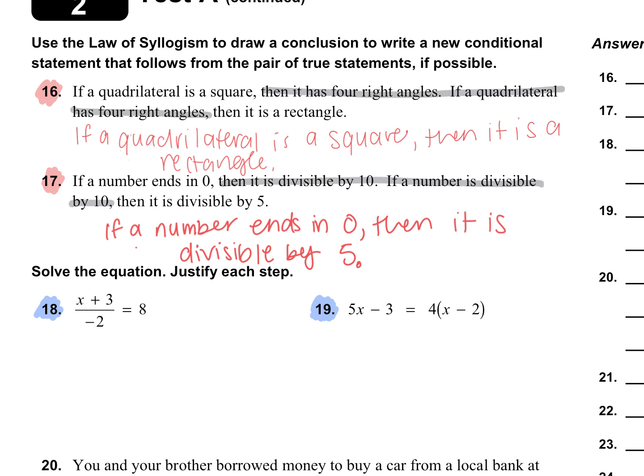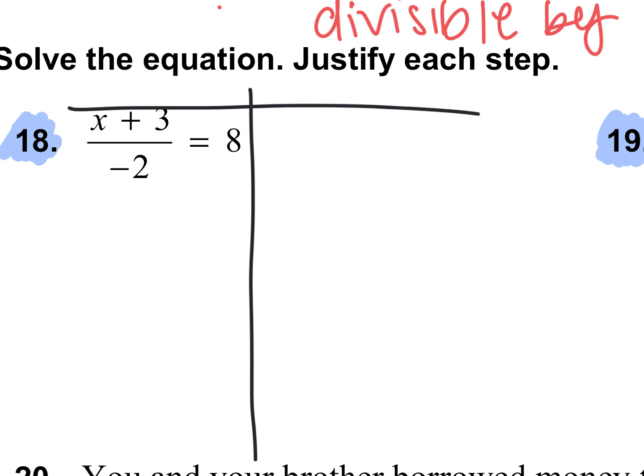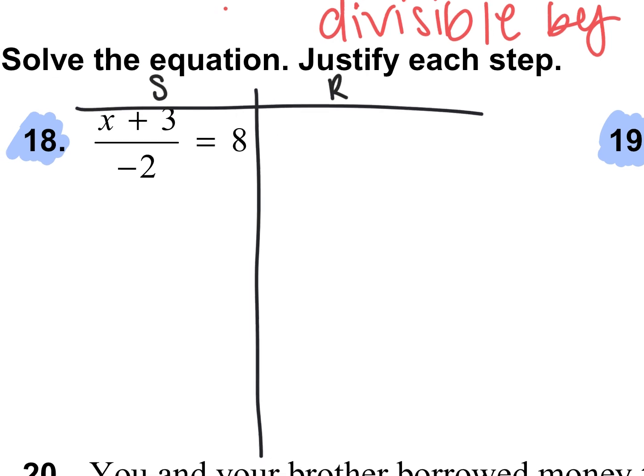All right, solve the equation, justify each step. Okay, I need my statements and my reasons. I'm setting it up as my T-charts, and I'm giving every single detail that I'm doing. So here are my statements, here are my reasons. I'm going to solve it before I do my reasons.